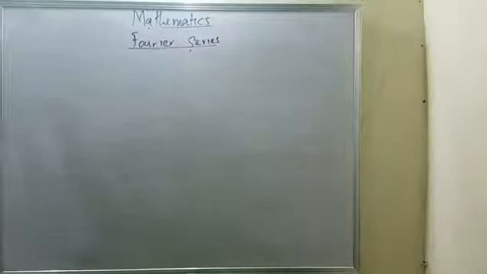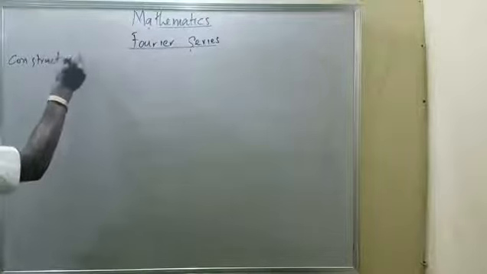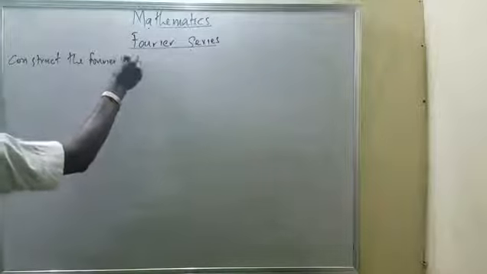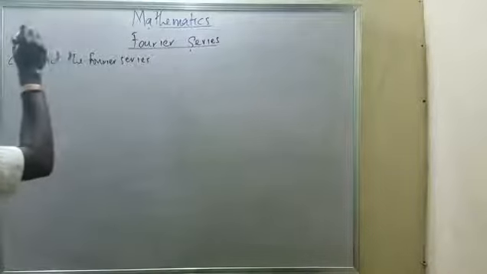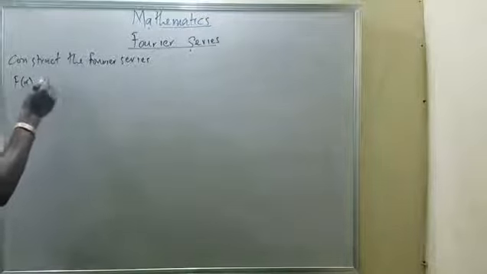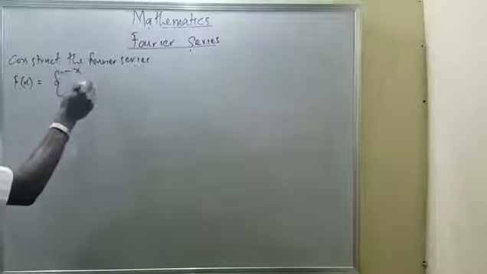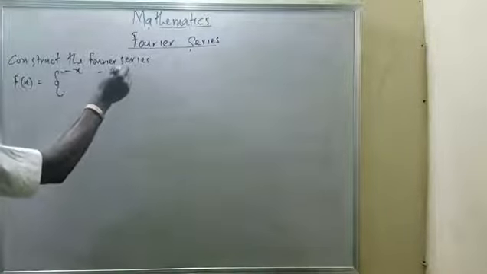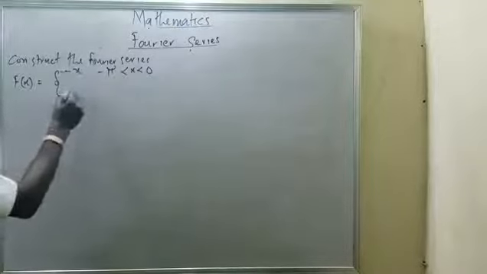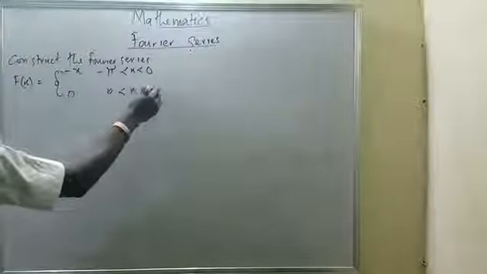Now, for instance, construct the Fourier series of f of x equals minus x when minus pi is less than x less than 0, and 0 when x is less than pi.